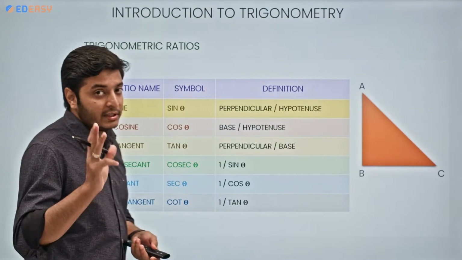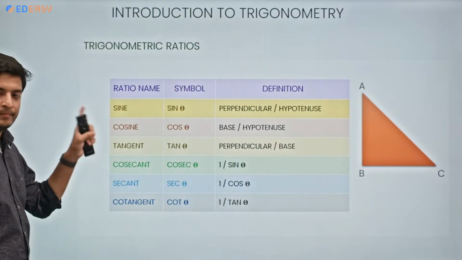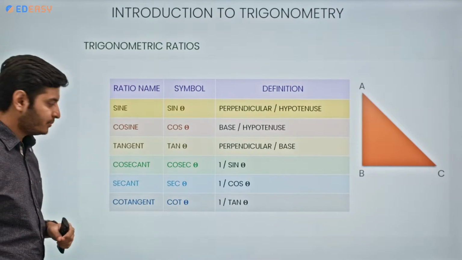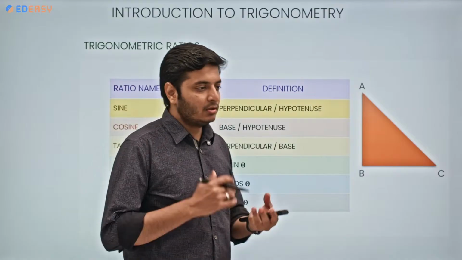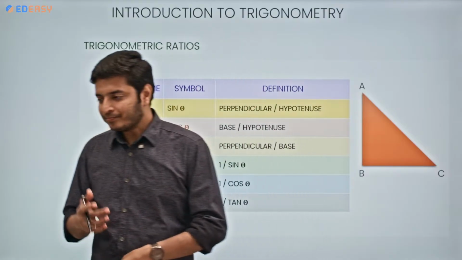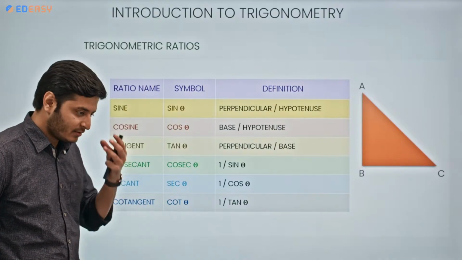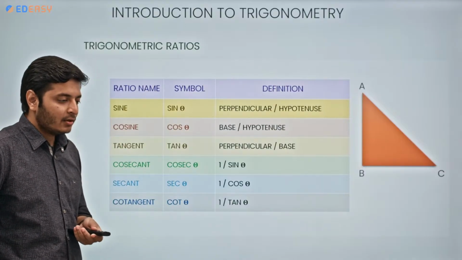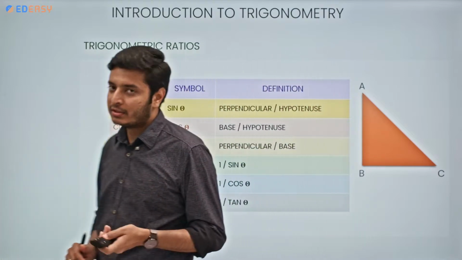Majorly, there are only three trigonometric ratios: sine, cosine, and tangent. These three are nothing but the... what should I call them? I'm forgetting the name. Okay, I will remember the name again.